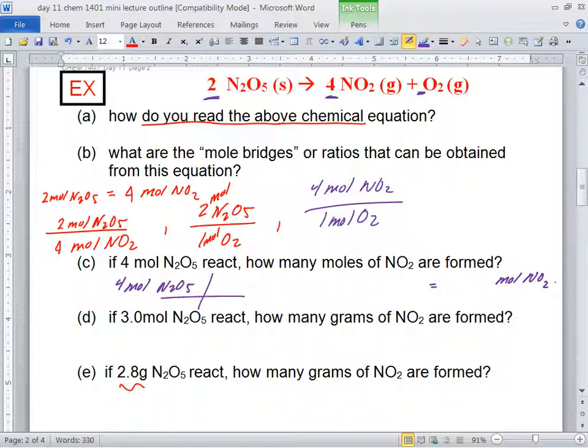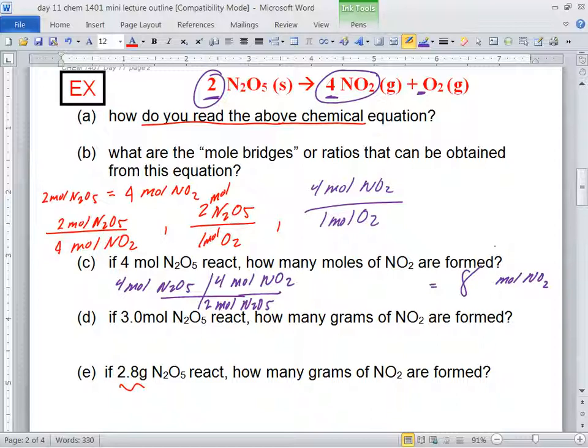So what you're saying is put the moles of dinitrogen pentoxide on the bottom, and how many of them? 2, exactly, because that's the number in front of it. Then on top, you'd put the 4 moles of nitrogen dioxide. All right, so 4 times 4 is 16 divided by 2 is 8. Stephen can do stuff in his head better than I can. 8 moles of NO2. He's exactly right.